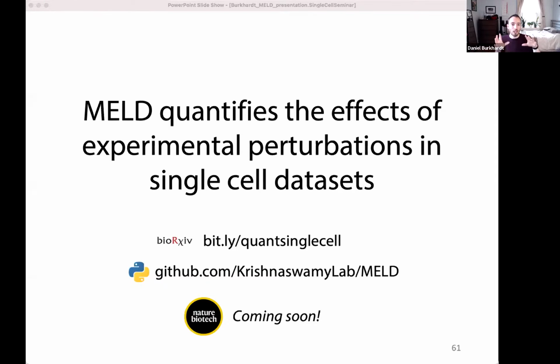So what I would say is that anything you would use as input to, say, UMAP or PHATE or your clustering algorithm, that processed data set where there's no strong batch effect and you can build this kind of single cell graph, that's the matrix that you want to use as input to MELD. Does that make sense?